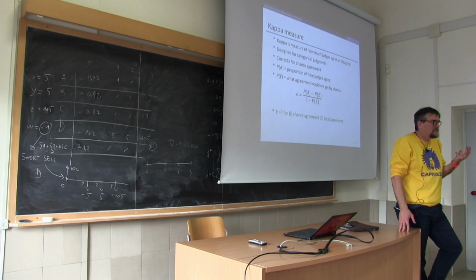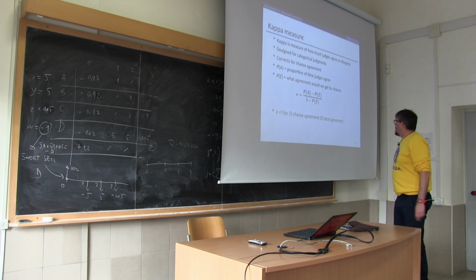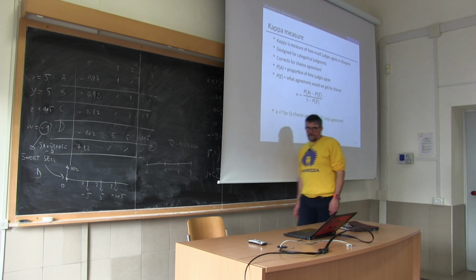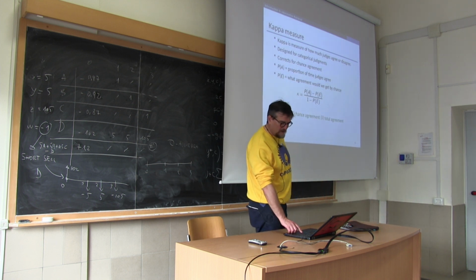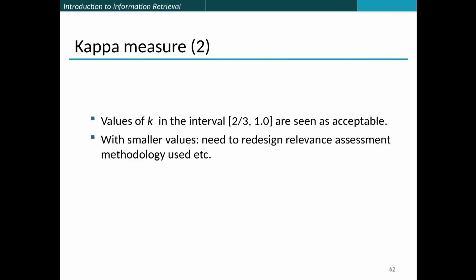But if you have only two values, 0 and 1, it is not negligible. Usually, values of kappa between 2/3 and 1 are considered acceptable. When you have smaller values, you either need to not consider those judgments, or you have to redesign the assessment.